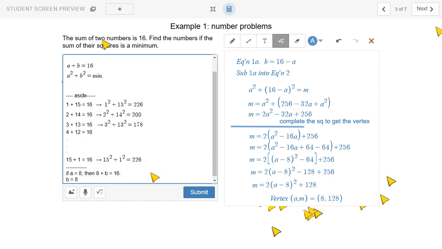So b is also equal to 8. Our solution here, the two numbers that we have, is 8 and 8. They sum to 16, and the sum of their squares is the minimum value compared to everything else we have.